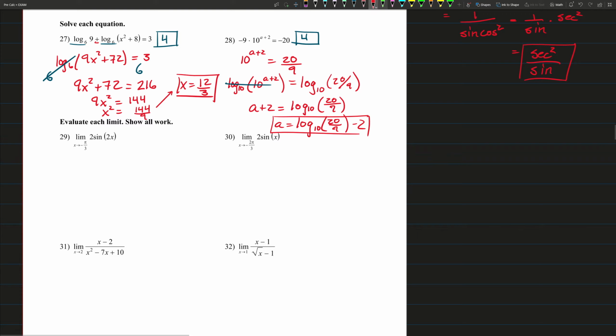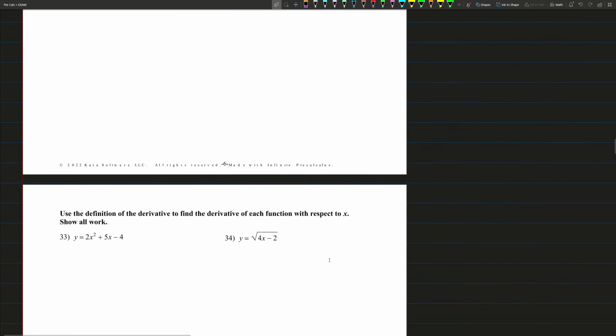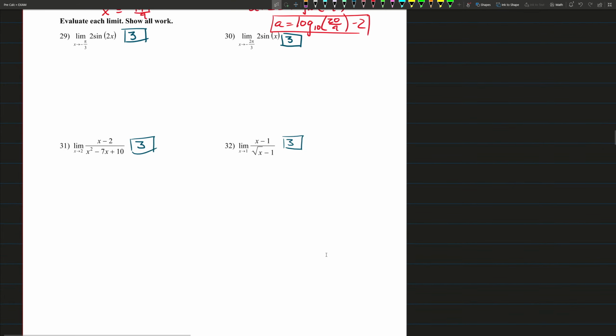And before I do the next couple problems, each of these are worth 3. And these are going to be pretty similar to the multiple choice ones, except for 31 and 32, right? So number 29, all we're doing is we're plugging in negative pi over 3.